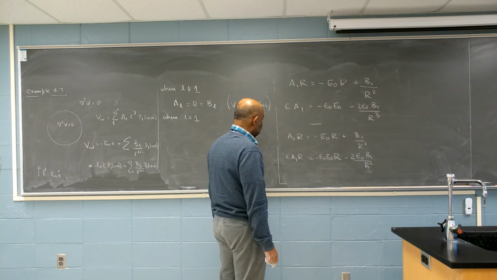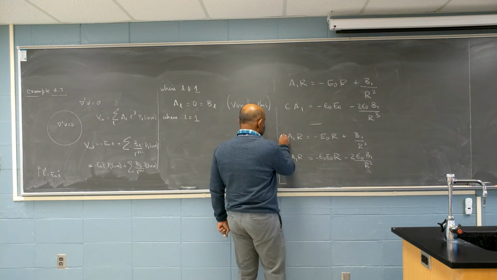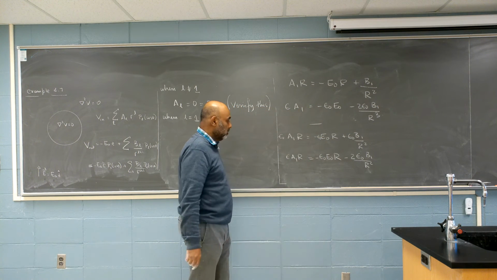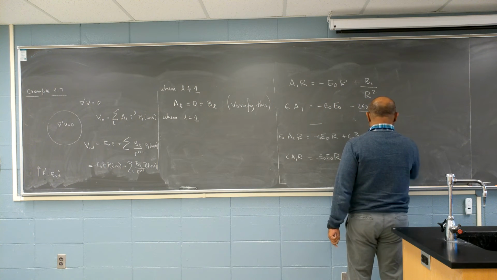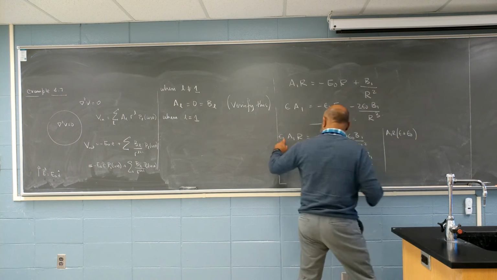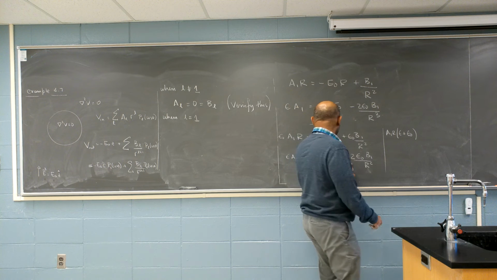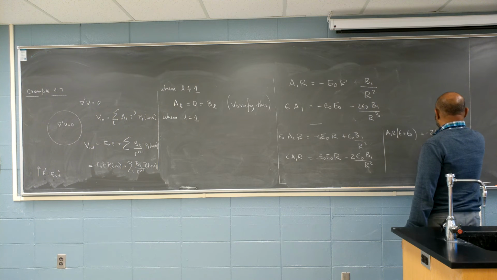And then what do I need to do? Multiply this one by epsilon, and then add them up. When I add them up, I get A1 R, this plus this. These two cancel away, and I get minus 2 epsilon naught E0 R.